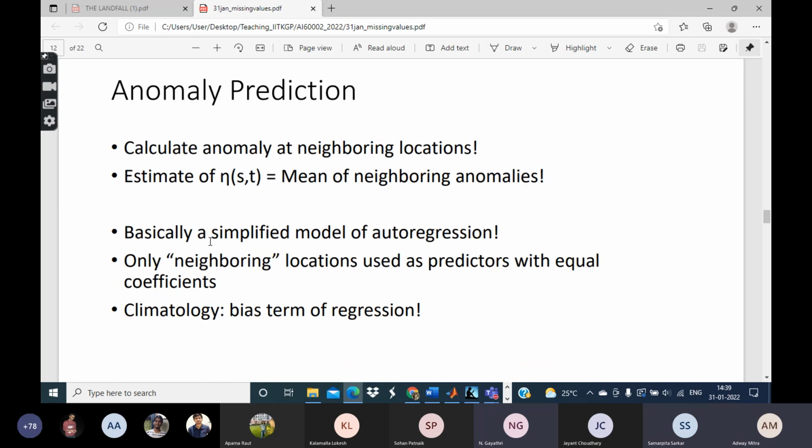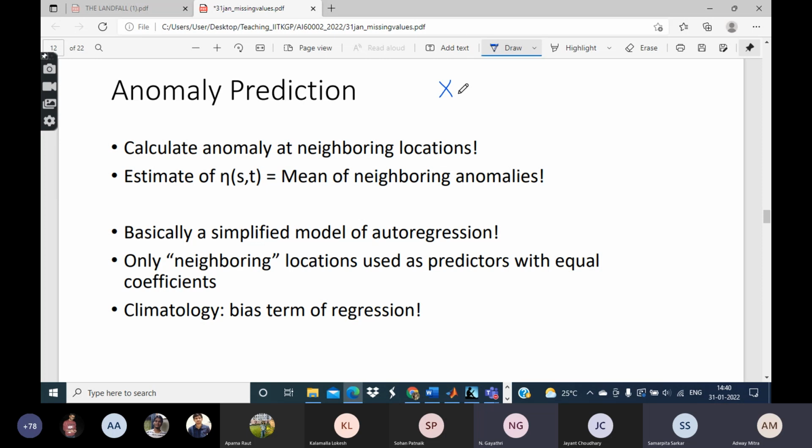And now let's try to do the anomaly prediction. Now here we are talking about the eta part of the anomaly. Eta of S T is basically the mean of the neighboring anomalies. By neighboring, I mean spatially neighboring as well as temporally neighboring. So it's basically some kind of simple autoregression. What did we do when we studied autoregression? We were trying to estimate the value at one location or one time point in terms of others, right?